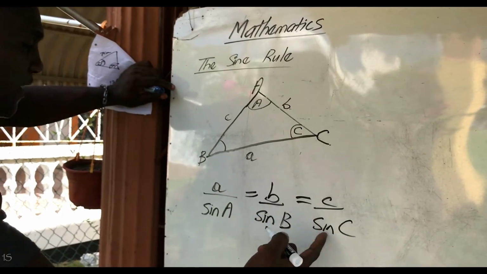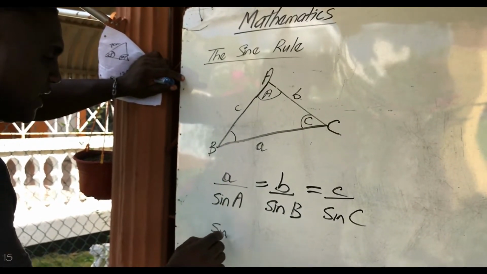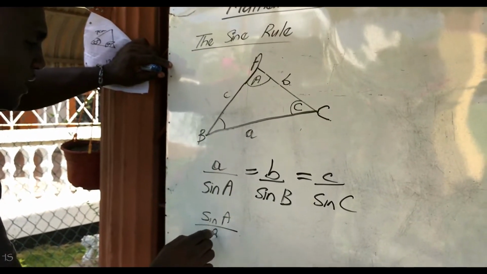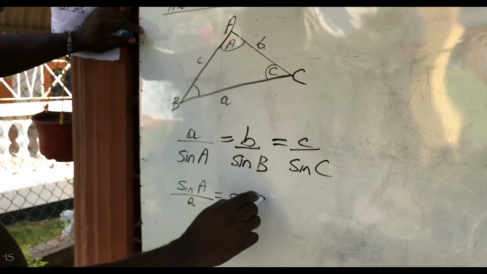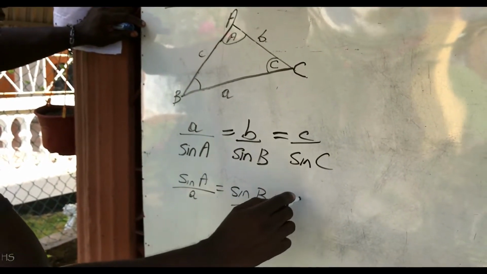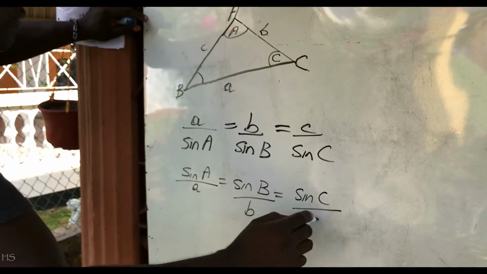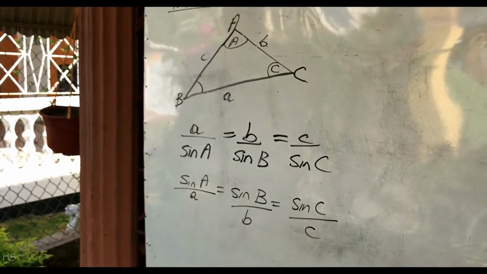We could also flip these and have sine A over A equals sine B over B, which equals sine C over C. It is the same sine rule.